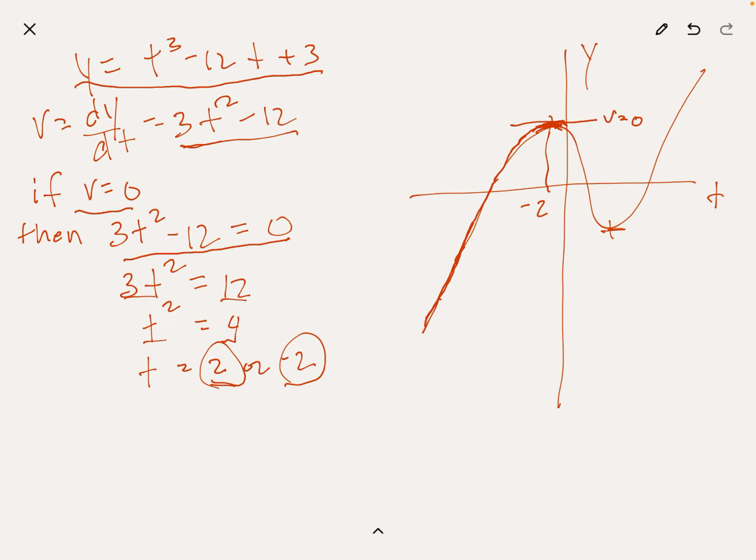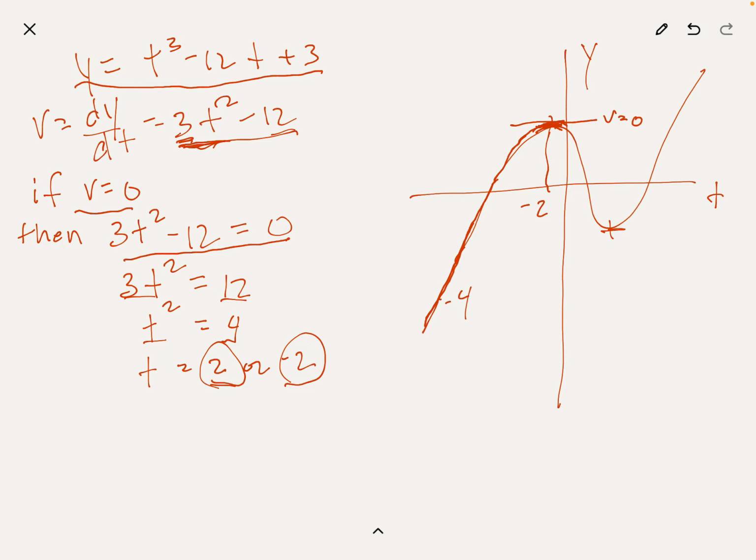Does that make sense? Let's say t equals negative 4. Well, that means the velocity is negative 4 squared, which is 16, times 3.